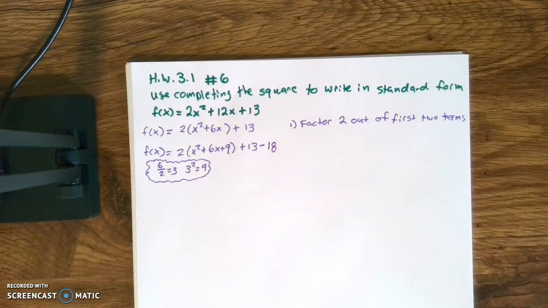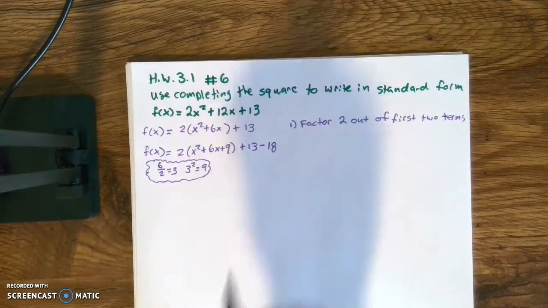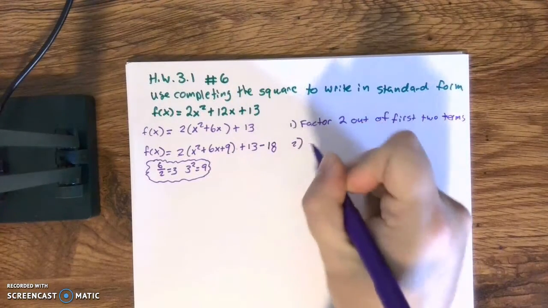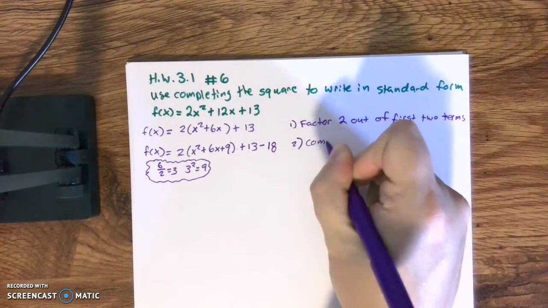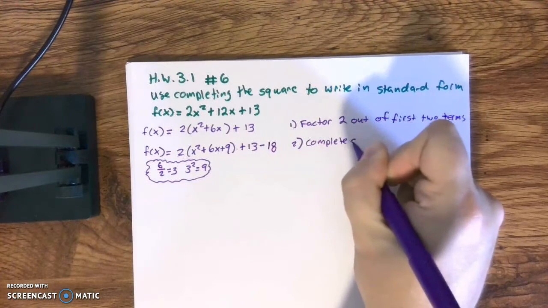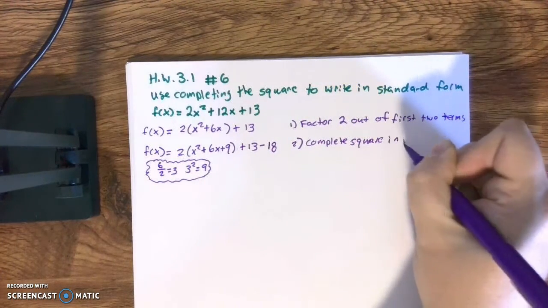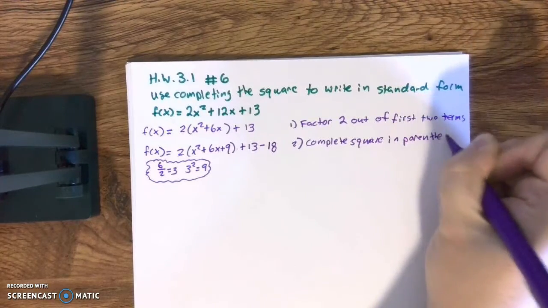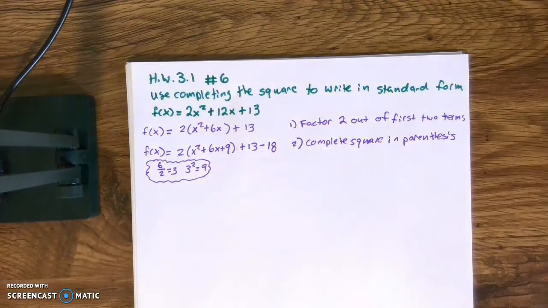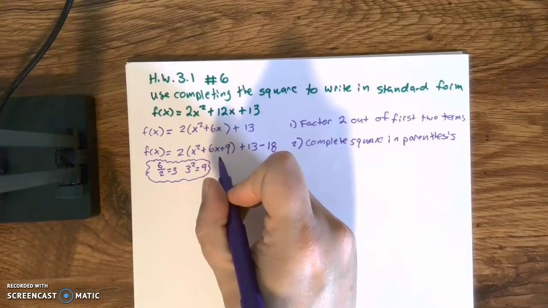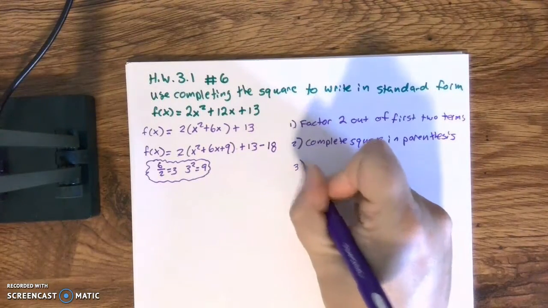Okay, so what we did, let's just put this here. We completed a square in parentheses. So we need to go ahead and factor and simplify.